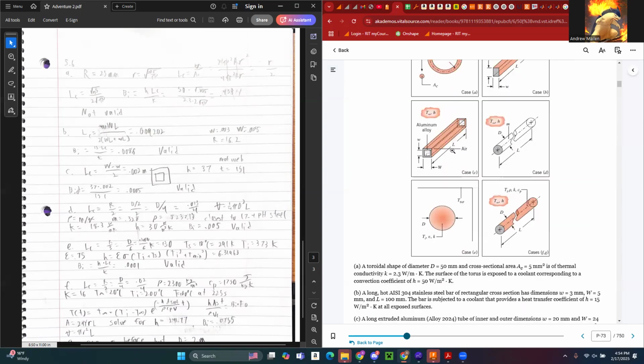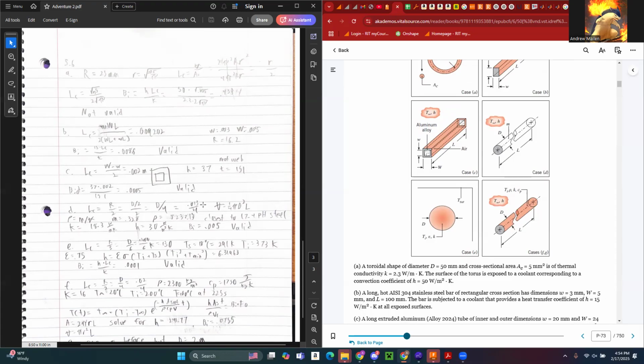Case D is a long cylindrical bar, meaning that the characteristic length for the Biot number calculation is equal to R over 2, which is equal to D over 4, which is equal to 0.013 over 4. I did not simplify that a bit further down.